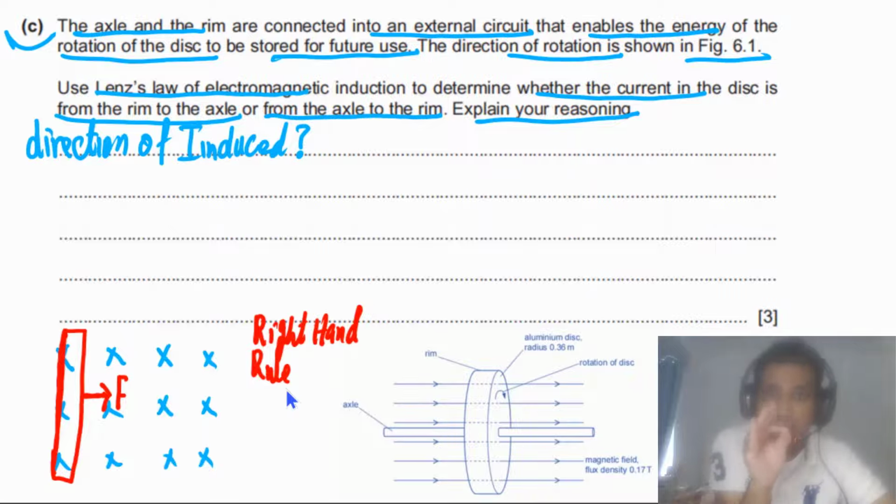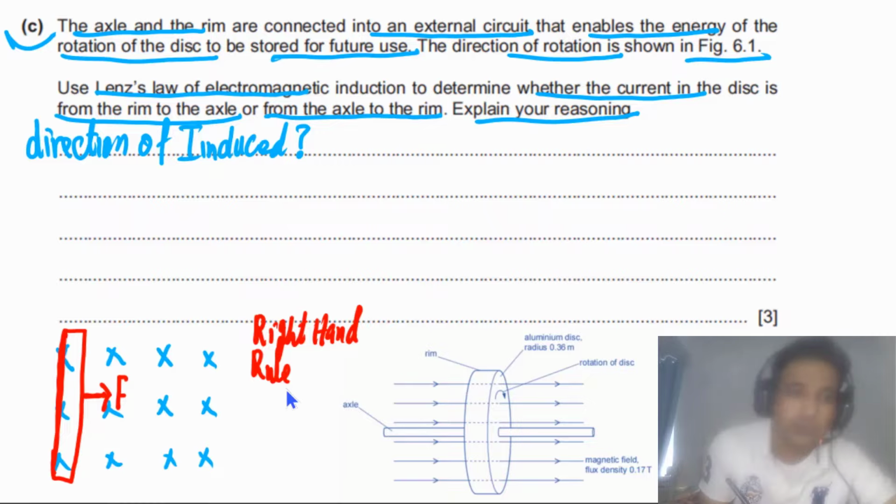In this case, current is induced, means current is produced, so it is a generator, so you have to use the right hand. First of all, the index finger is the magnetic field, which is into the page, and the force is to the right. So force is to the right, so it means current will flow in the upward direction. This is the direction of I induced. So current will flow in this direction, and this one is the applied force.